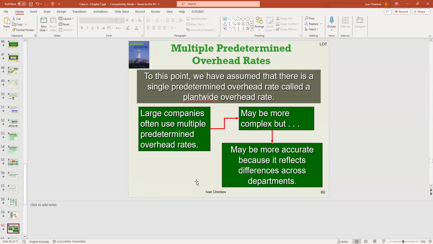What are we going to do if we have multiple predetermined overhead rates? Well, that will be a complex situation. As you can see, with one manufacturing overhead it's kind of tricky. Imagine if we have more than one predetermined overhead rate. Large companies usually use multiple predetermined overhead rates.